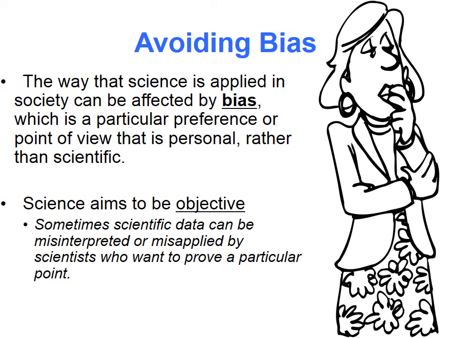Sometimes scientific data can be misinterpreted or misapplied by scientists who want to prove a particular point, especially if money is involved. Think about drugs that cure different diseases. They want to hurry up and get their drug approved so it can be given to people, because once it's given to people, they can make a lot of money off of it. So sometimes science may not be as objective as it needs to be.